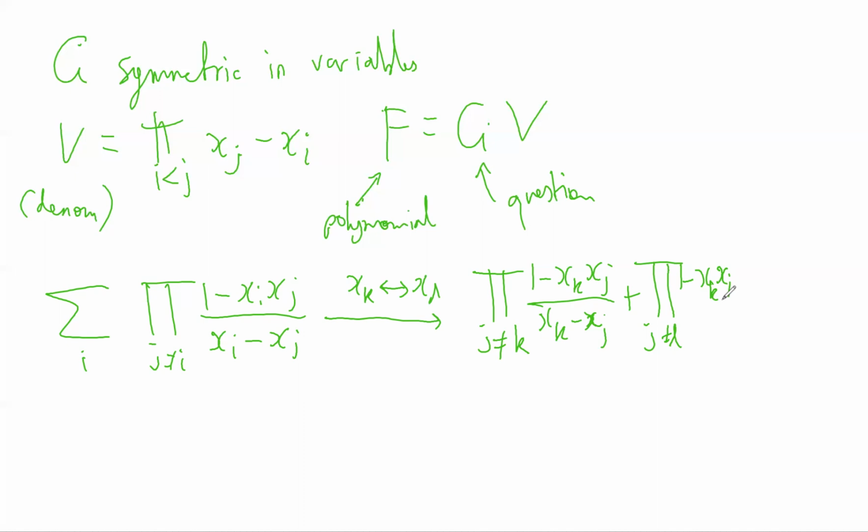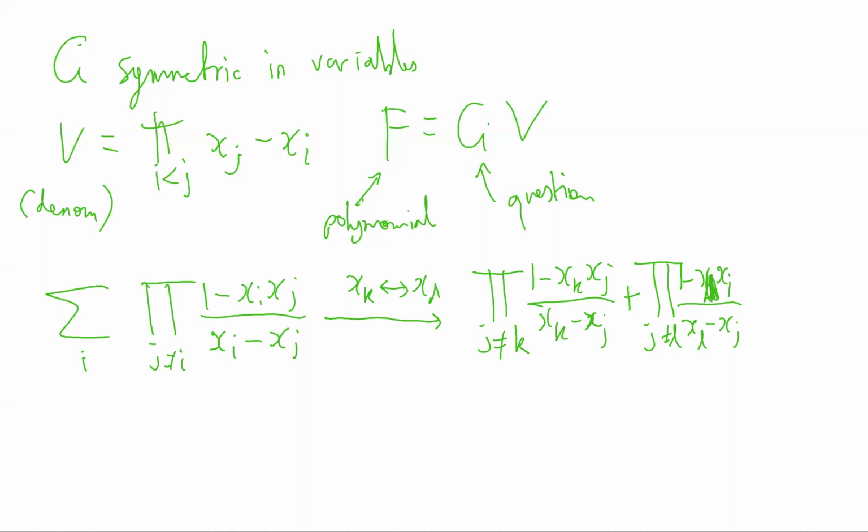So here you have the other one is not equal to L, yeah? So that's an L. This is XL minus XJ. Okay, you say it's pretty sure it's symmetric. So what happens?